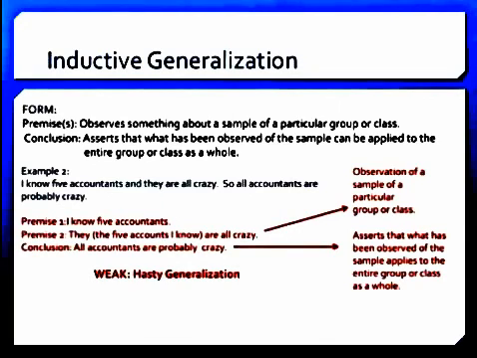In this case, because it is a weak inductive generalization, we refer to this argument as a hasty generalization. So hasty generalization refers to weak versions of inductive generalizations, and the term inductive generalization refers to strong versions of this type of argument.